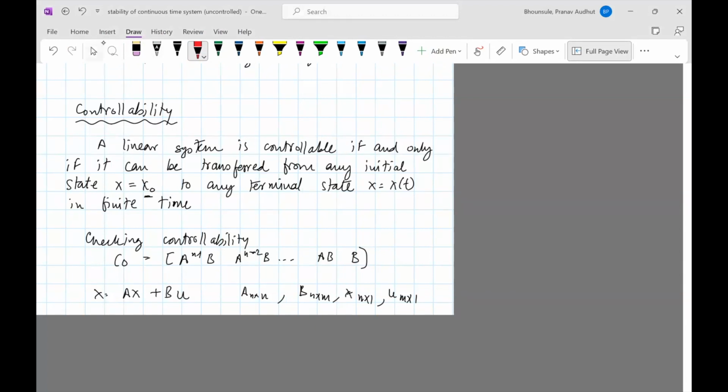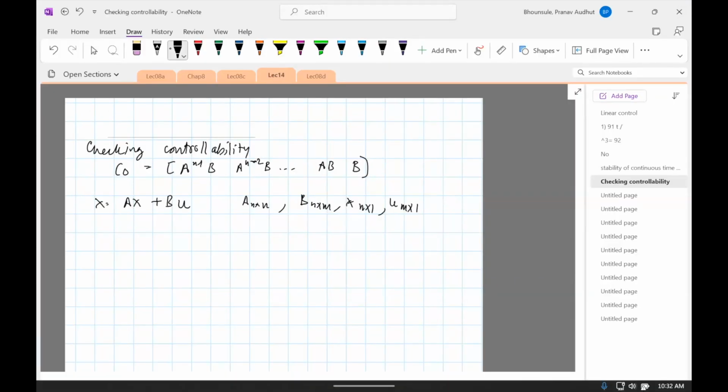Let me write it on a new page. Once you have found this matrix, which you can now do because you know what B is, you compute AB and keep going till A^(n-1)B. You check the rank of CO. If the rank of CO is n, which is the number of state variables, then the system is controllable.